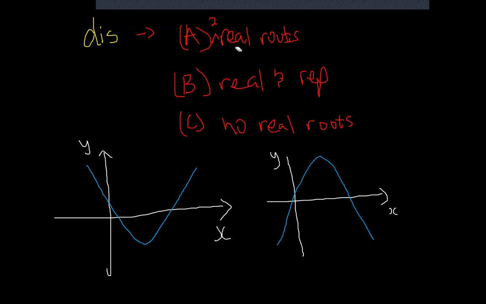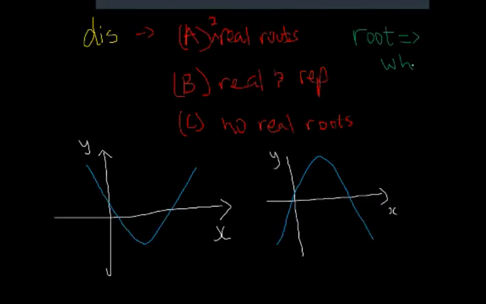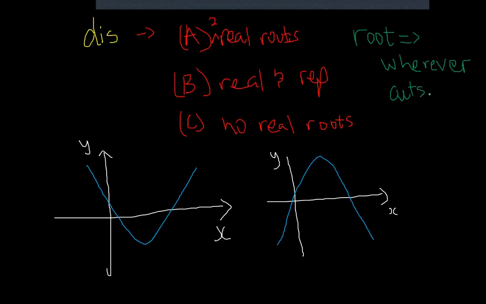When I have two real roots, what you need to recall is that a root of a quadratic function is wherever the parabola, which is this curve, cuts the x-axis. The x-axis is this horizontal line I have labeled x.